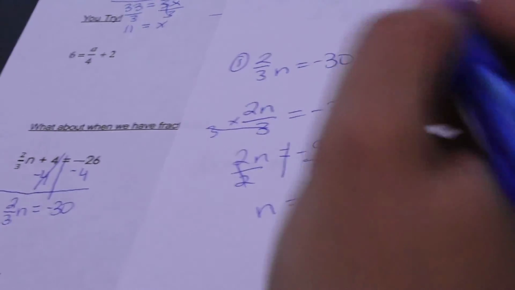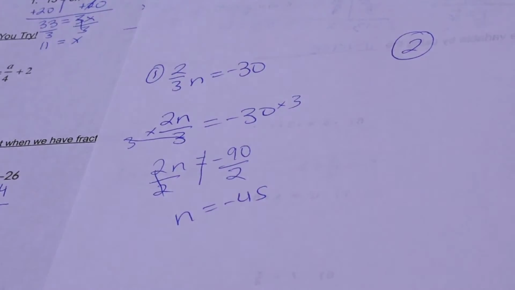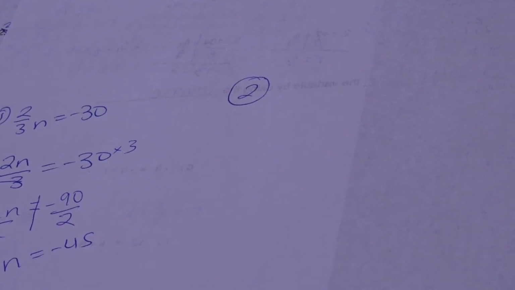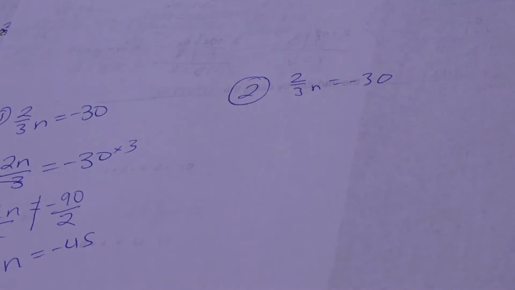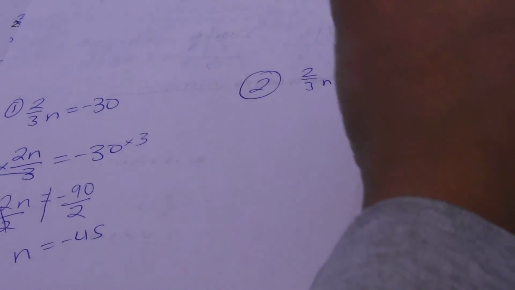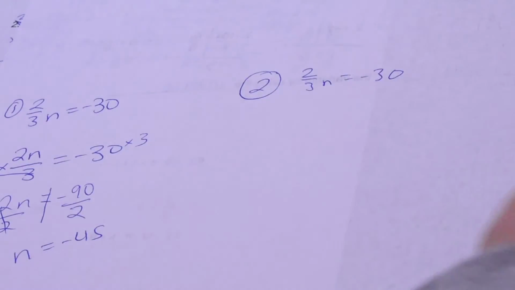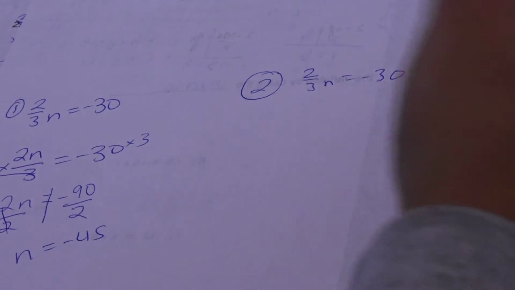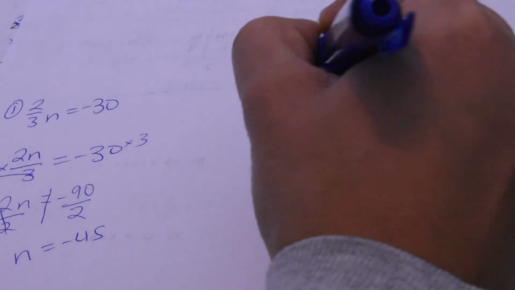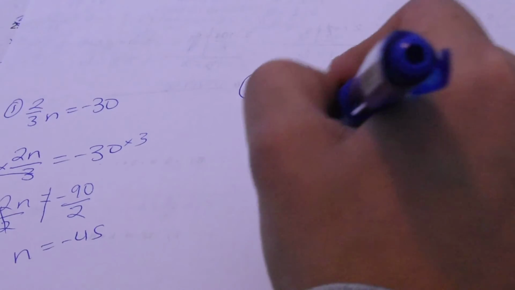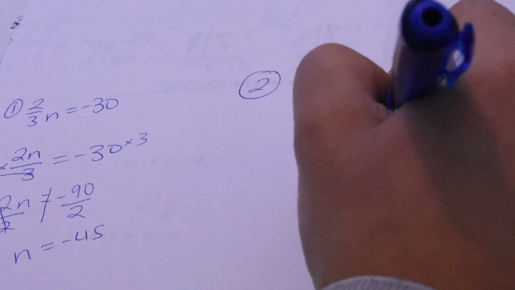The second way to do it, you can do 2/3 n equals negative 30. Multiply both sides by 2/3. You can divide by 2/3, right? When you do all this, this cancels. You're left with n equals negative 30.